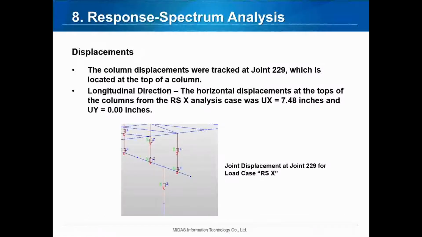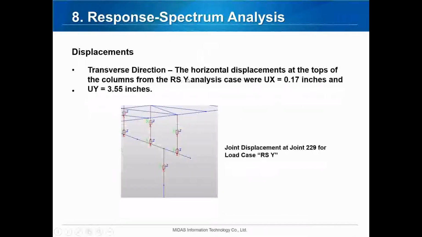So now for the displacements, we ended up tracking the displacements at the top of the column, as you can see over here, and that was joint number 229. For the longitudinal direction, based on RSX analysis, the displacement in the X direction ended up being about 7.5 inches, and in the transverse direction, UY was 0, based on RSX.